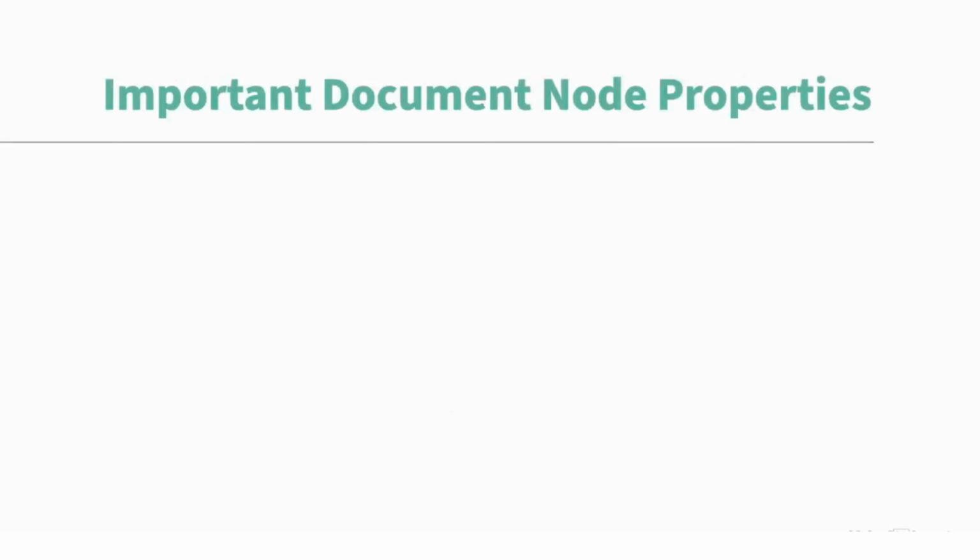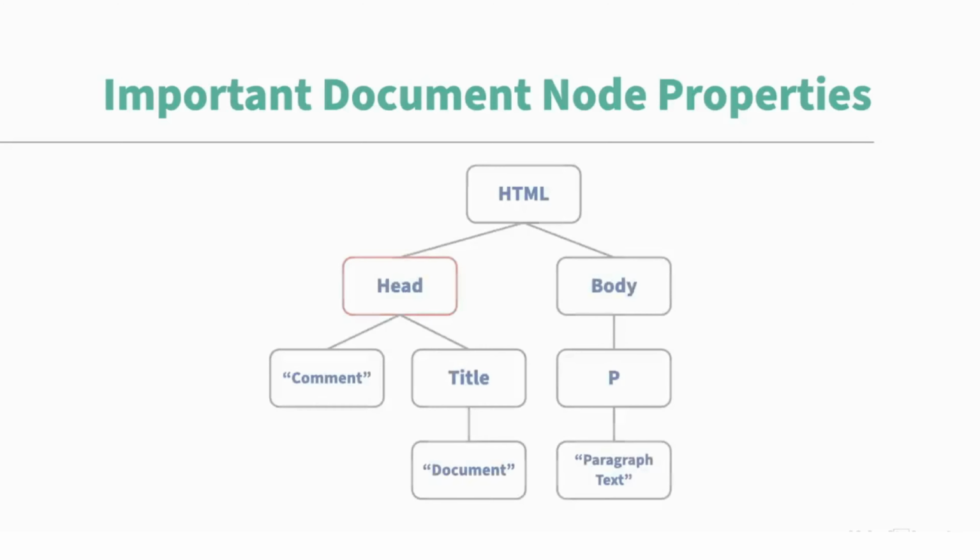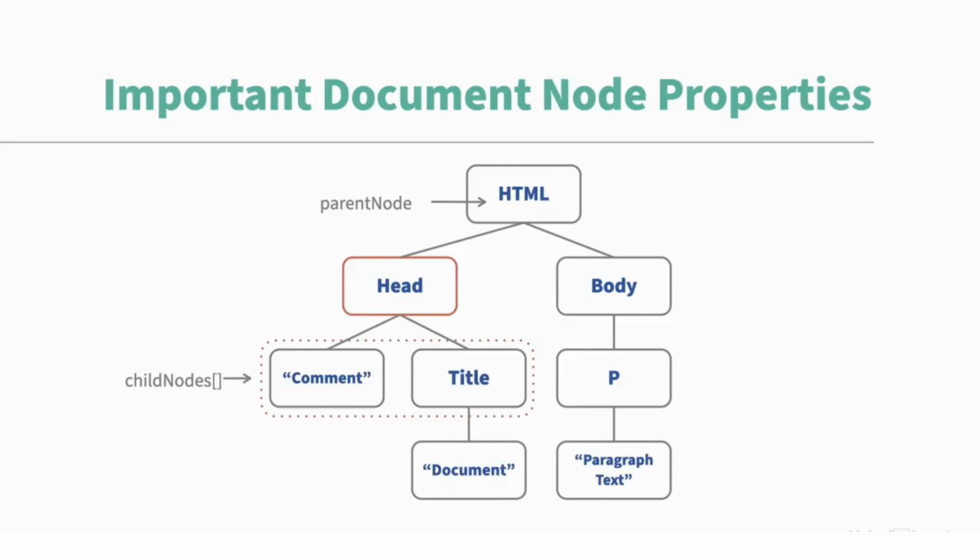We can express the relationship between these nodes using family terms. So let's use the head tag as the reference point. In this example, the HTML tag is the parent tag of the head, and then the comment and title tags are child nodes of the head tag. The text inside the title is a child of the title node.